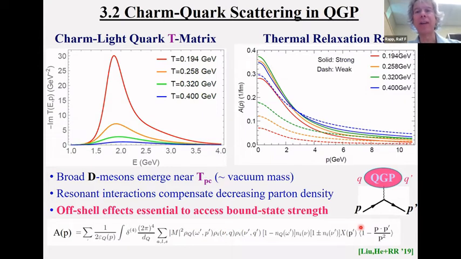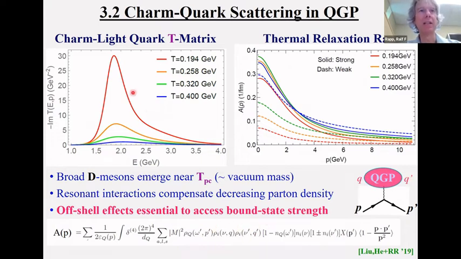You can derive that from the Kadanoff-Baym equation that Xiaolu and Min He and I did together in this paper here. For an incoming heavy quark of momentum p, you integrate over all the outgoing as well as the incoming light distributions, all three spectral functions.